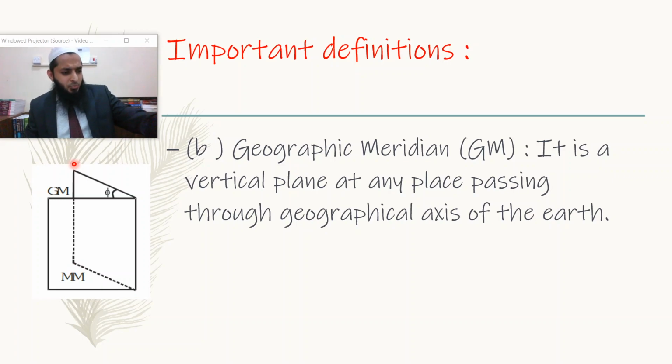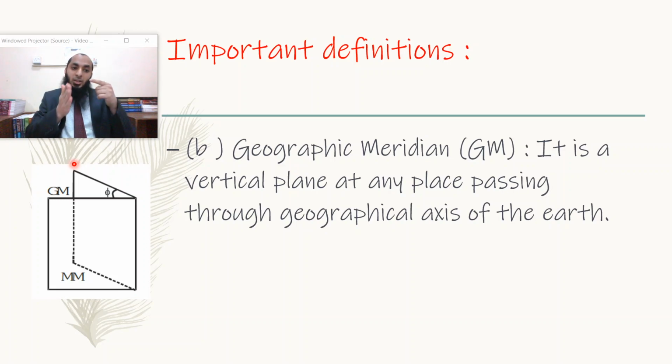But what is the speciality about this plane? Is it any vertical plane? No, it is a vertical plane which contains the point where we are right now and the geographic axis. The geographic axis is a line. If this line is contained in a plane, that plane can be oriented in any direction. But how do you fix this plane?